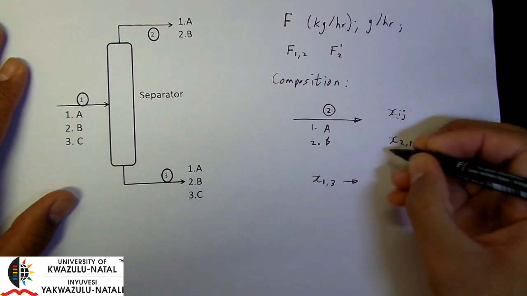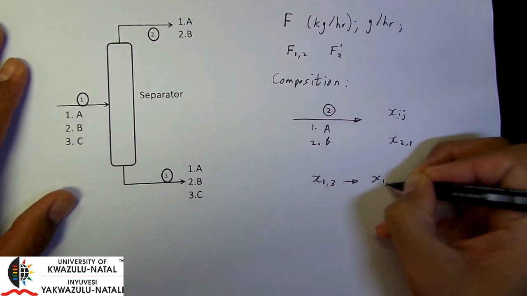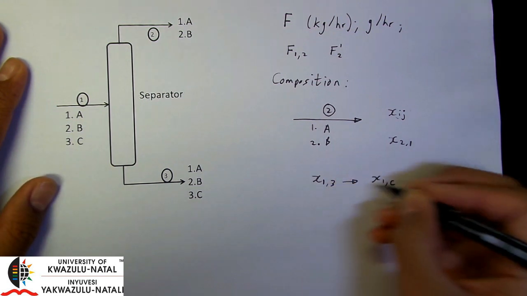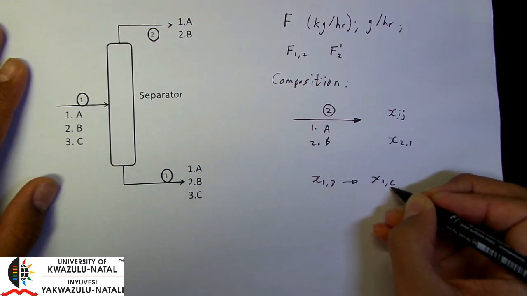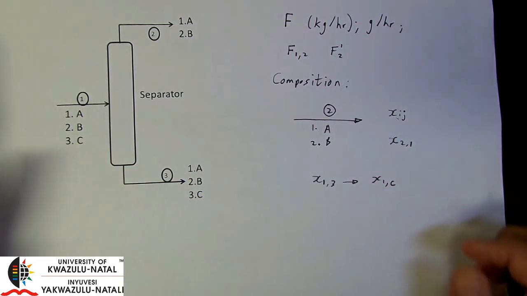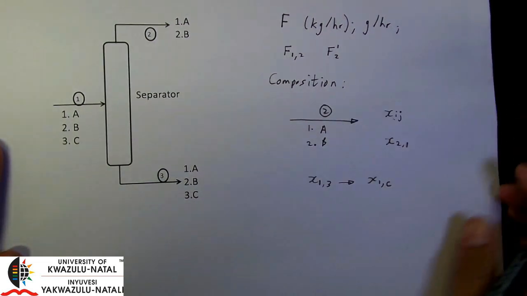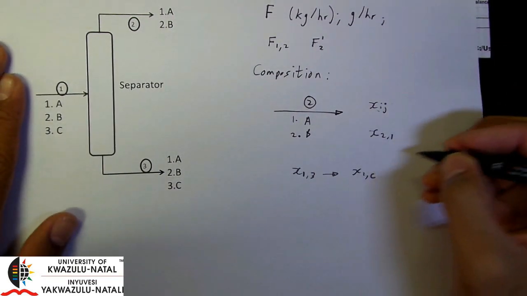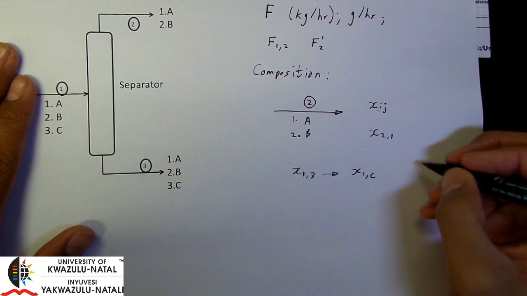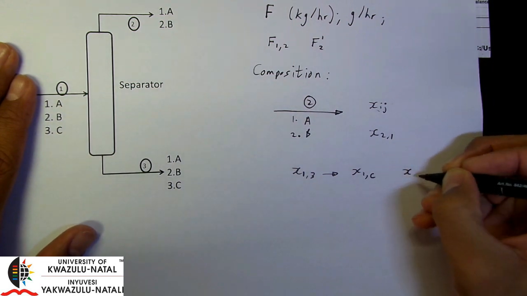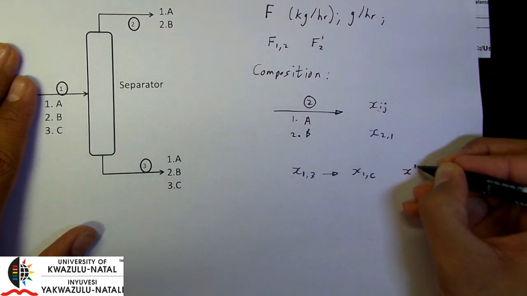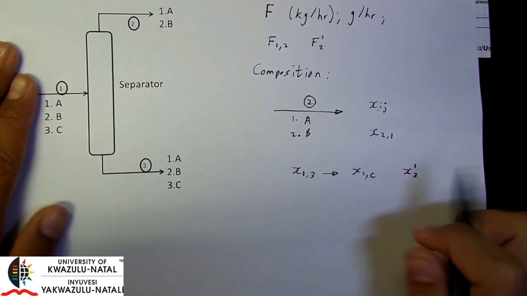Okay, I can also write this in this fashion here. I don't have to number the components. I could write the components out as well. And also, like with the flow rates, instead of writing X13 in this fashion, we can write X13 in this fashion.